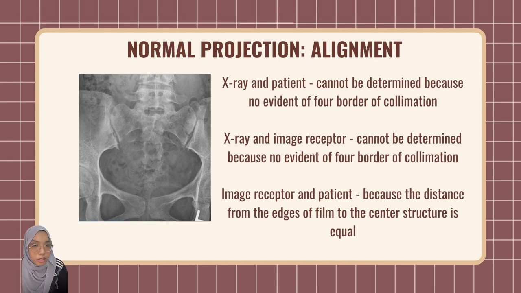But one thing we can identify is IR to patient, where we draw an X and see where it lands. It lands at the centering point, which is at S3.